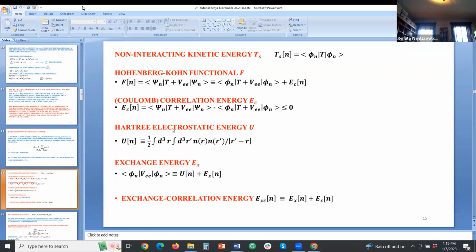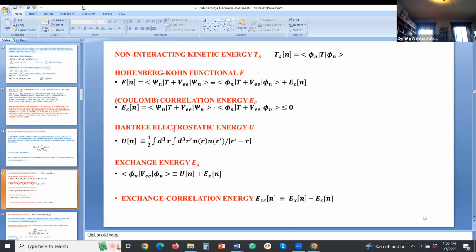And we'll simply define a Coulomb correlation energy EC by setting that Hohenberg-Kohn F of n equal to the expectation value of T plus VEE using the non-interacting wave function plus a correction, which is the Coulomb correlation energy EC of n. If we solve for EC of n in the second equation, we get the third equation.